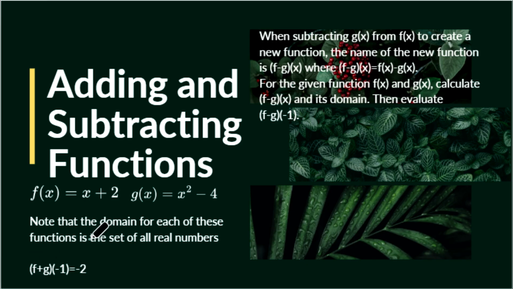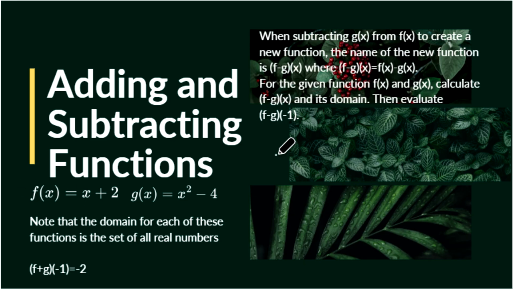Okay. When subtracting g of x from f of x to create a new function, the name of the new function is f minus g of x, where f minus g of x is equal to f of x minus g of x. For the given function f of x and g of x, calculate f minus g of x and its domain, then evaluate f minus g of negative 1.